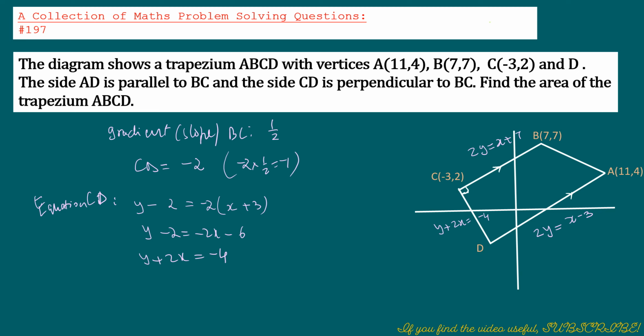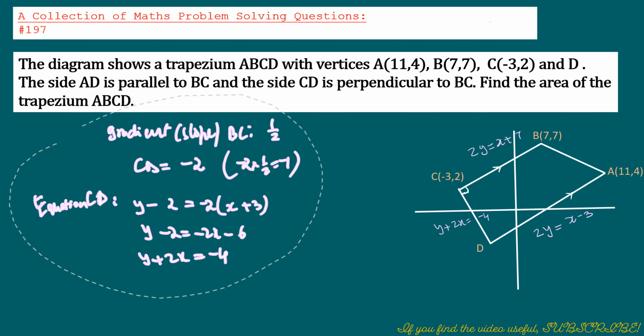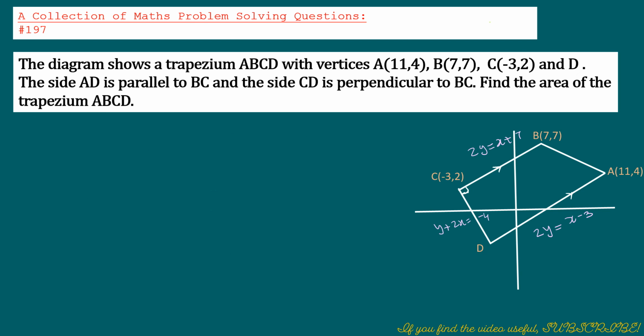Now that we have the equations of the lines, we have to find the point D. The point D can be found by the intersection of the lines CD and AD, so we solve for x and y.